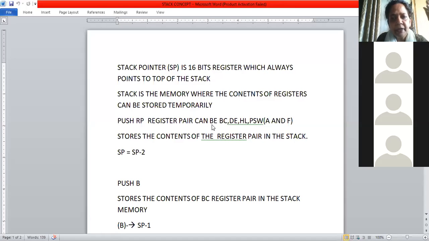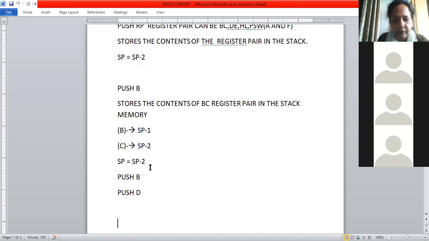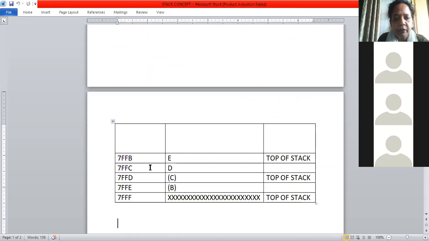The register pair can be BC, DE, HL, or PSW, that is A and F. It stores the contents of the register pair in the stack, and the new value of the stack pointer becomes SP minus 2. For example, if I say push B, it stores the contents of the BC register pair in the stack memory. B will go to the SP minus 1 address and C will go to the SP minus 2 address. Okay, so this is how you can see.